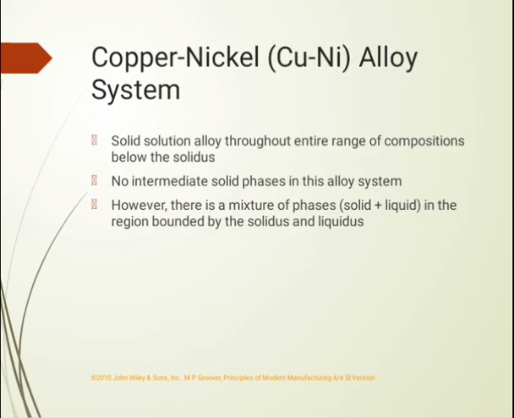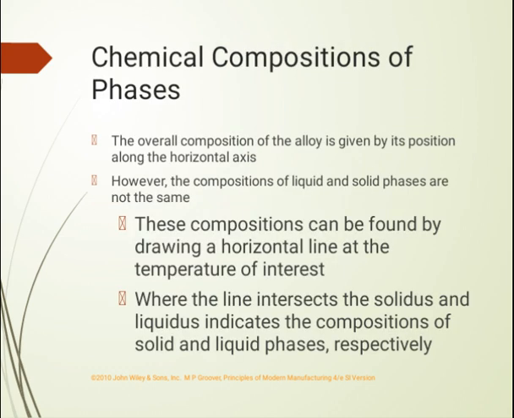In this alloy system, there is a solid solution alloy throughout the range of composition below the solidus. There is no intermediate solid phase in this alloy system. However, there is a mixture of phases, solid plus liquid, in the region bounded by the solidus and liquidus.